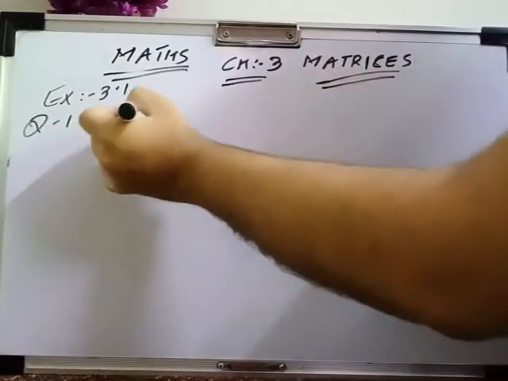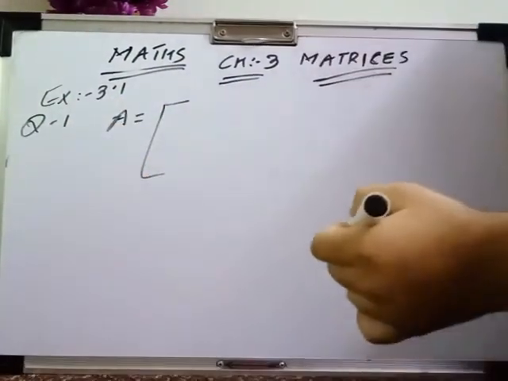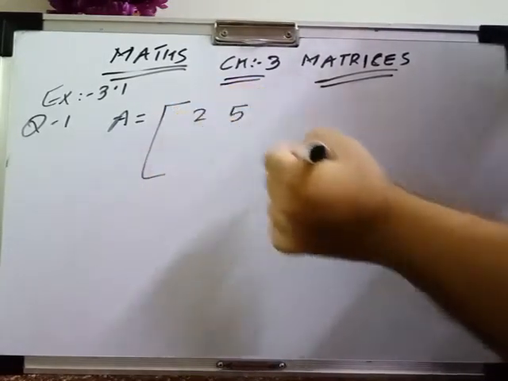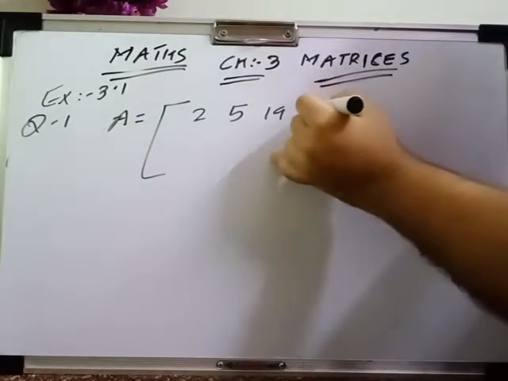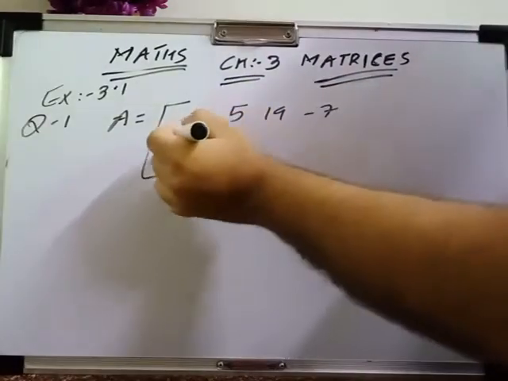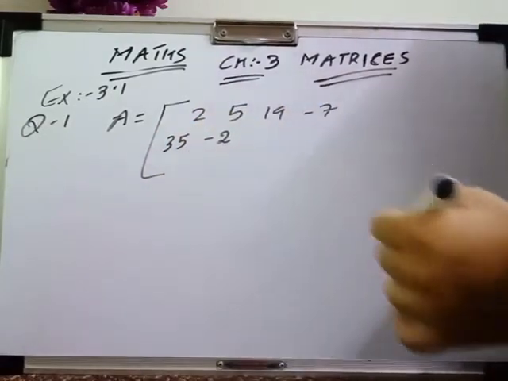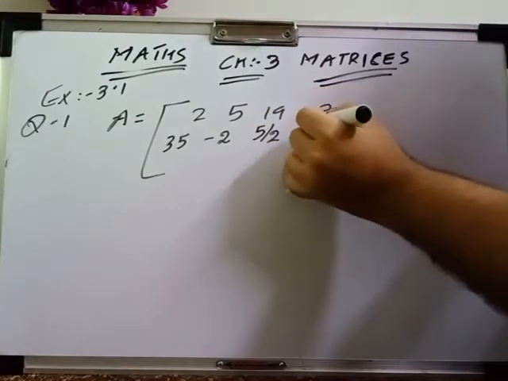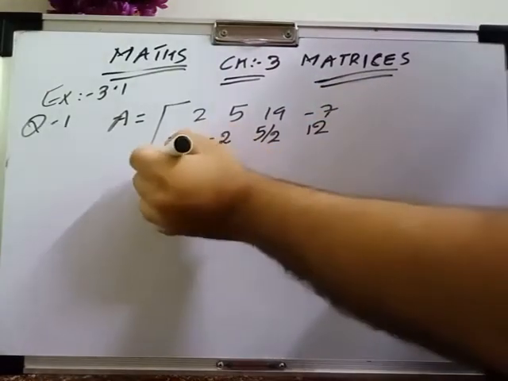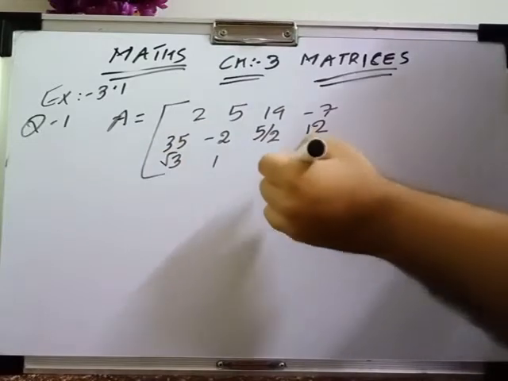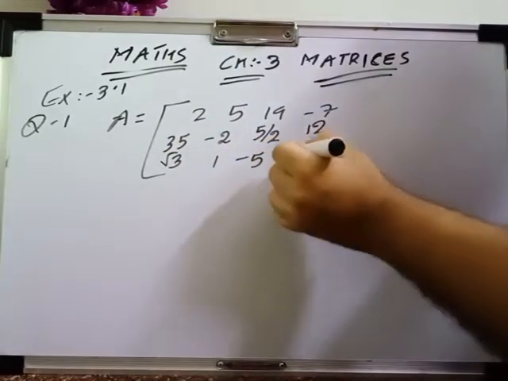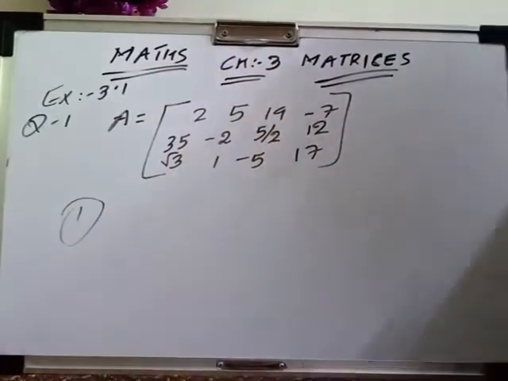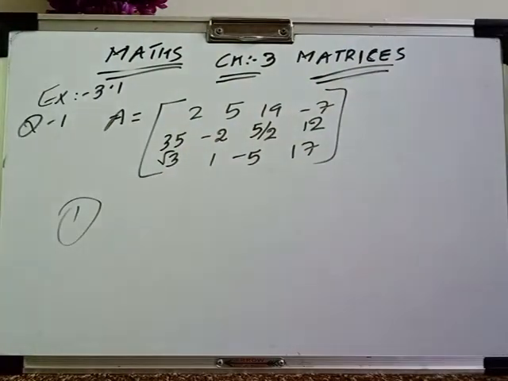Here one A matrix is given. So this is the given matrix, and the very first question is you have to write the order of this matrix.